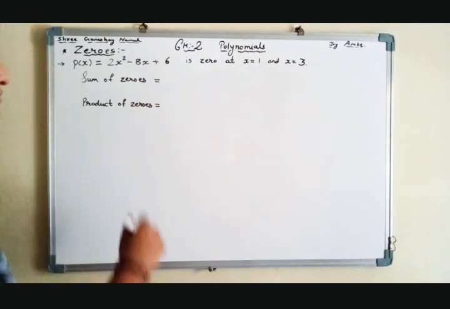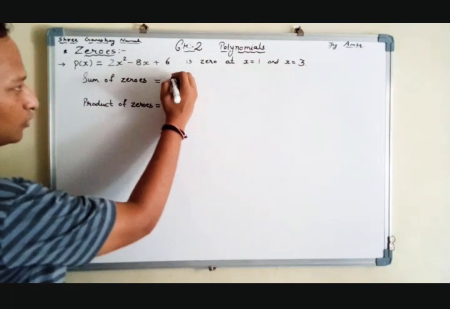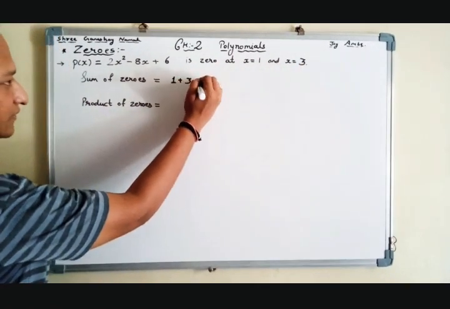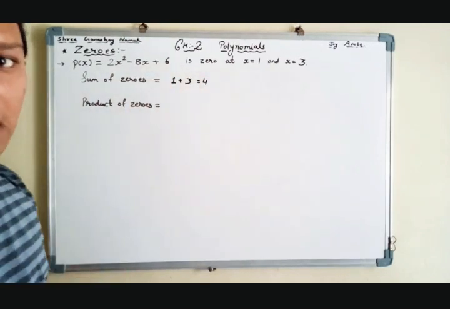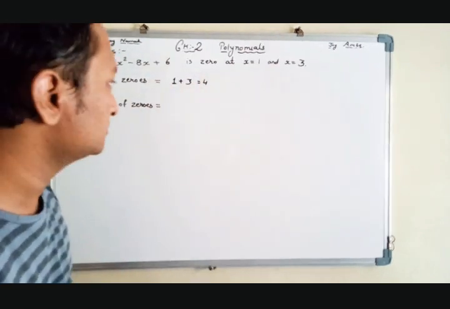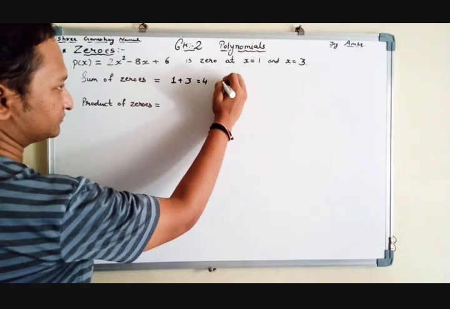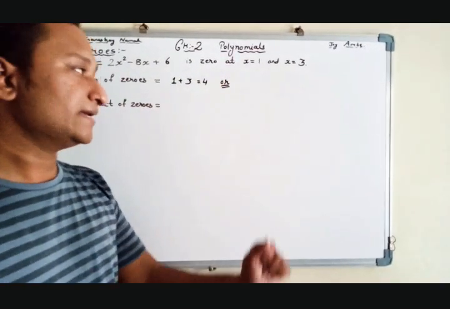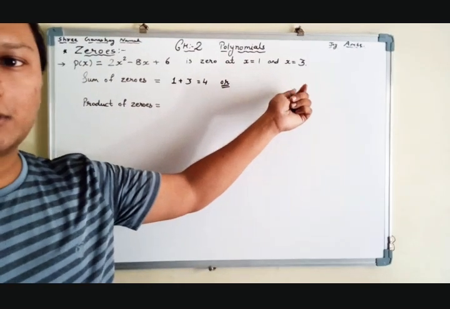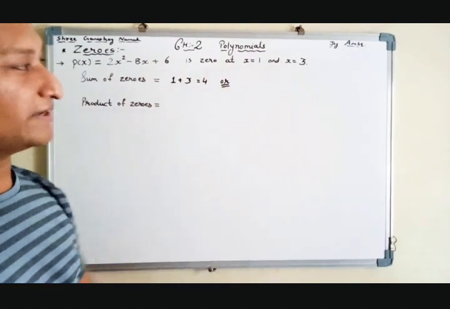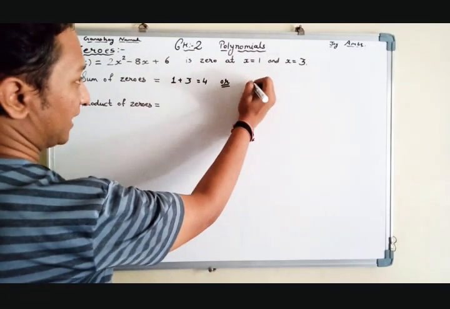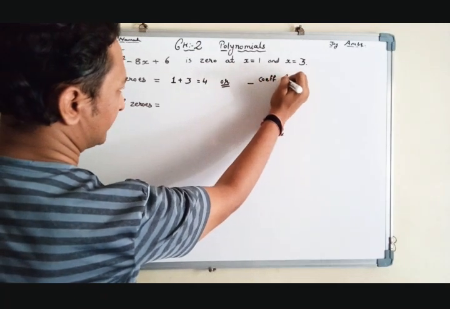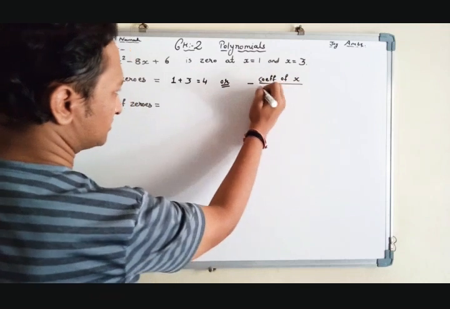So first by the simple method, sum of zeros is 1 plus 3, that is equal to 4. That is the simple method. And another method is minus coefficient of x upon coefficient of x square, from the given expression.